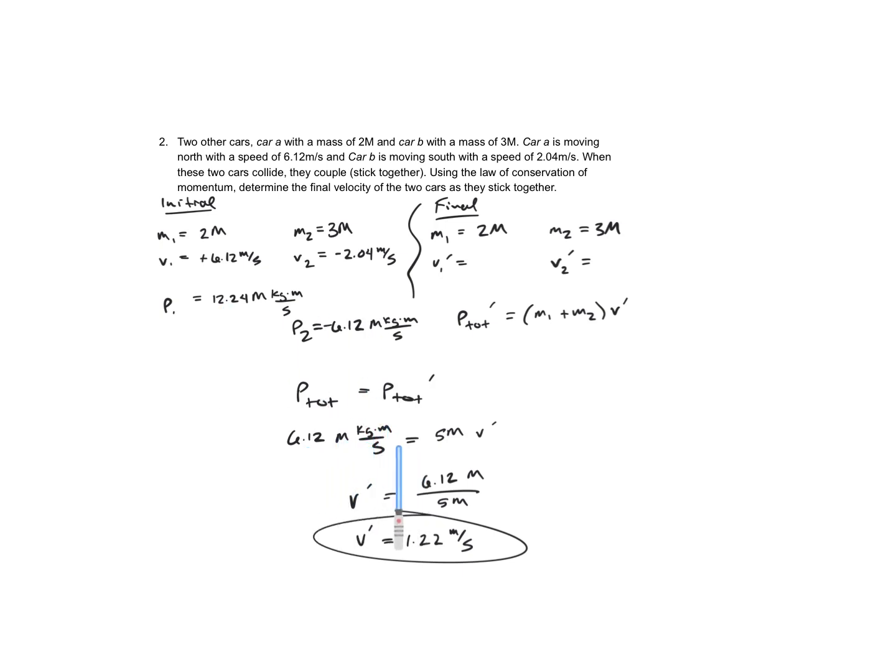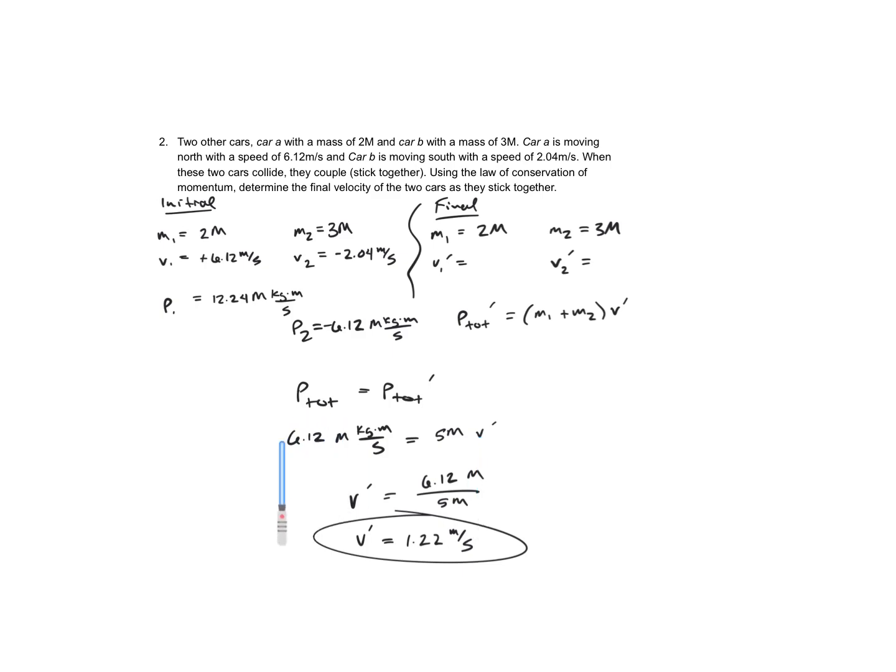And then the units. And at the end, the momentum is the sum of the two masses because they are stuck together now. And both objects are traveling together. They're stuck together, so they have the same final velocity. So we basically just factor out this v. So m1 plus m2 is 5m times v.